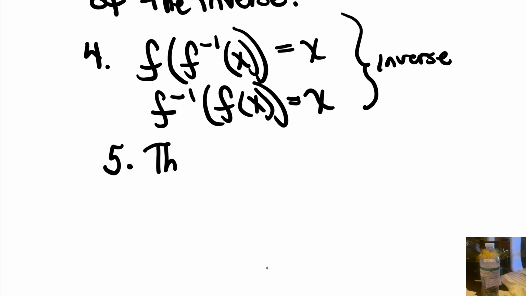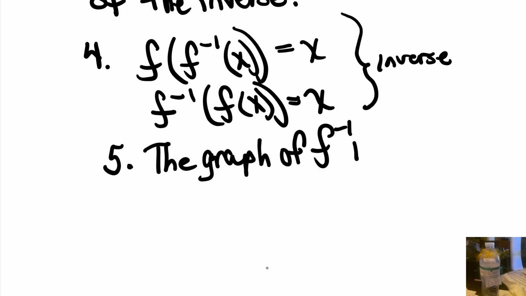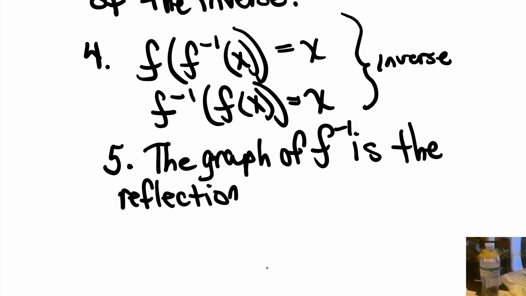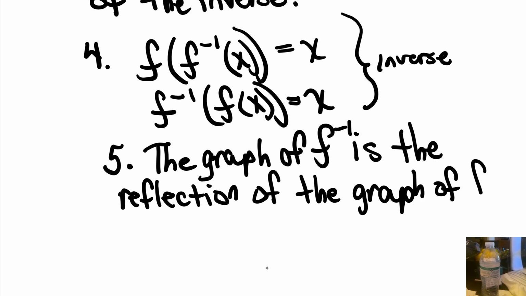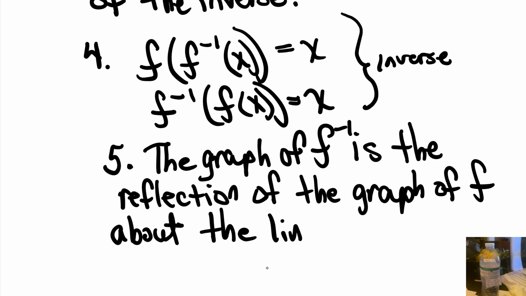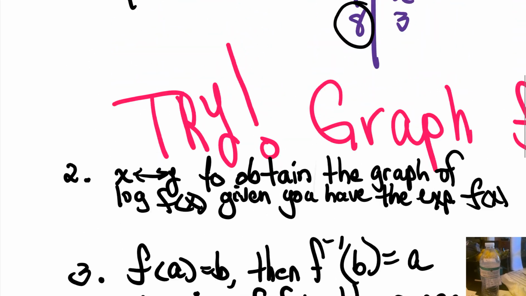So notice that they say as a condition that the graph of the inverse function is the reflection of the graph of f about the line y equals x.